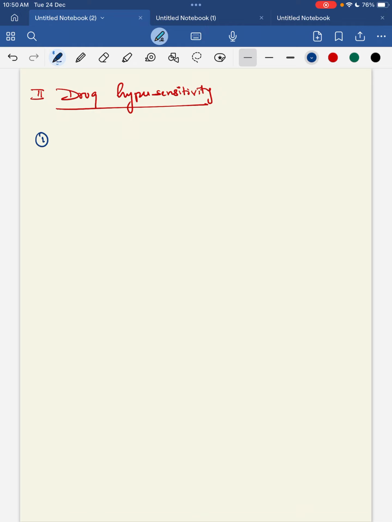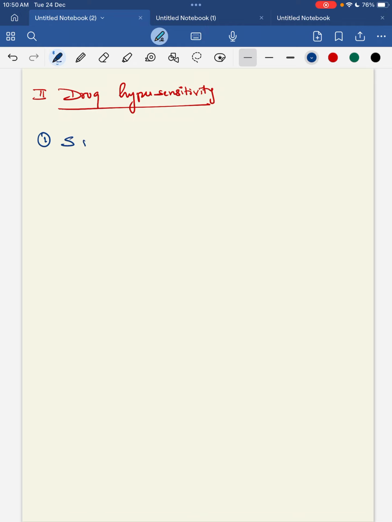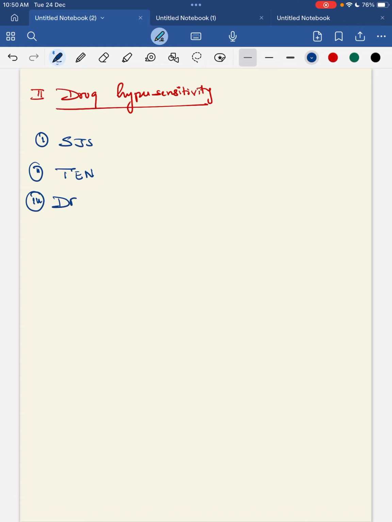Fourth will be your DRESS, which is nothing but drug reaction with eosinophilia and systemic symptoms. I'll write it here. Drug reaction with eosinophilia and systemic symptoms. This is a big topic, okay?